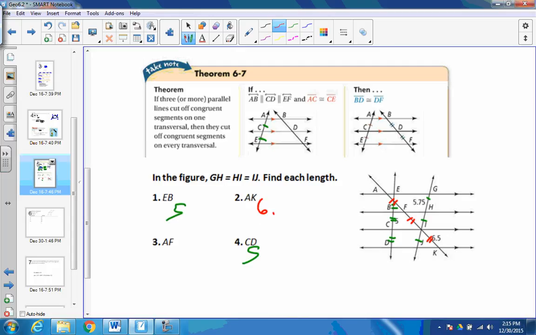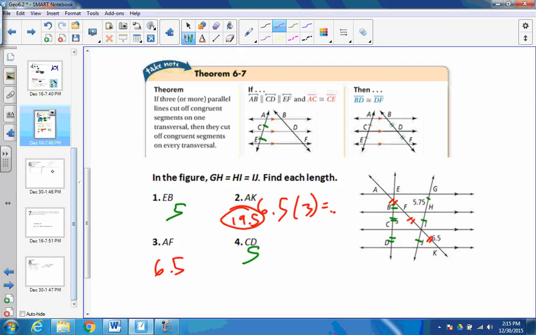Wait, AK. Ooh, AK would be all three of them. 6.5 times 3, which would be 19 and a half. Alright, and then AF would be 6.5.